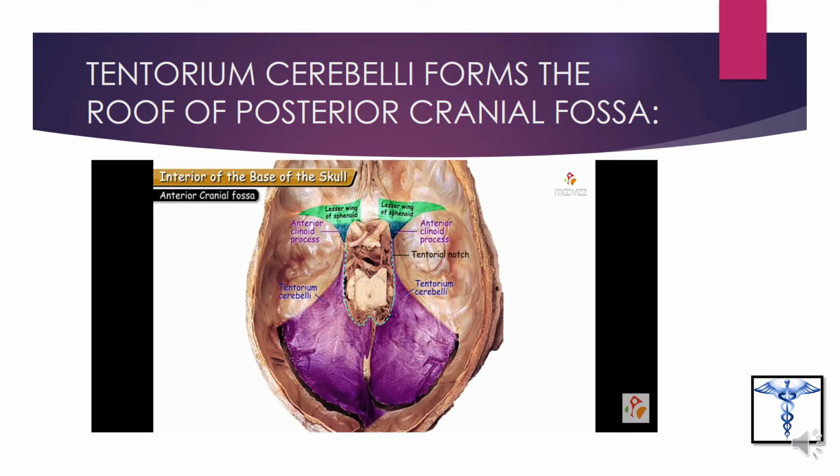Now here you can see the tentorium cerebri. This tentorium cerebri forms the roof of the posterior cranial fossa, and the most important thing about the tentorium cerebri is that it intervenes between the occipital lobes and the cerebellum.